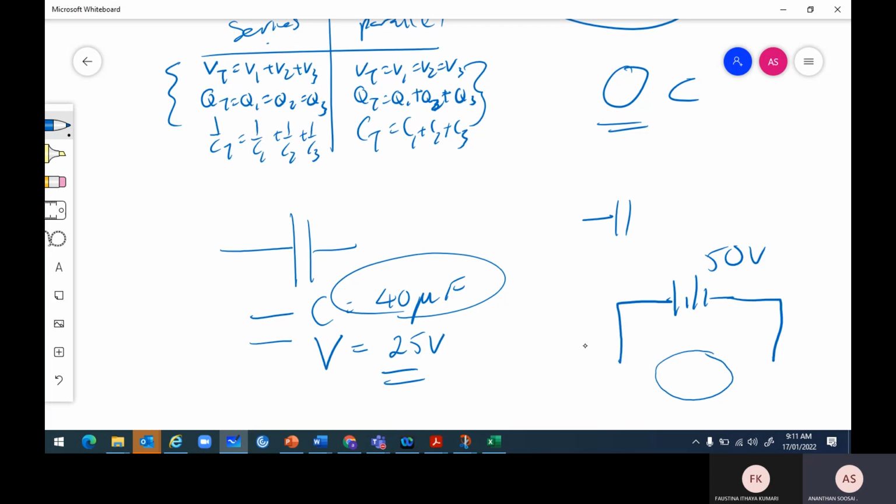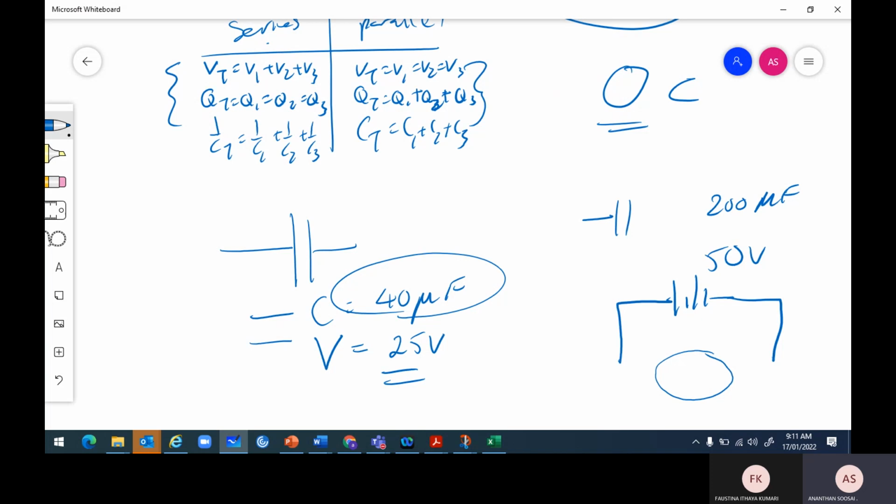They want a capacitance of 200 microfarad. You have a 50 volt power supply, you want an effective capacitance of 200 microfarad, but in your hand you have 40 microfarad capacitors. So how do you connect them so that you get 200 microfarad?